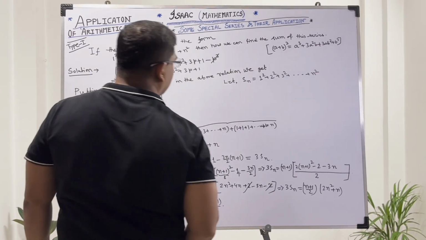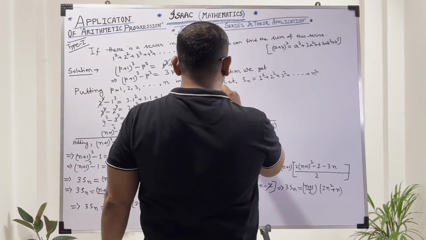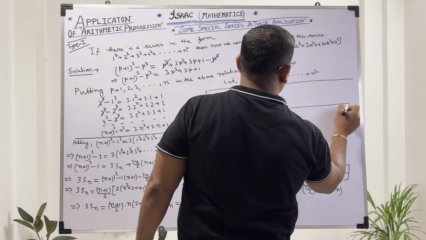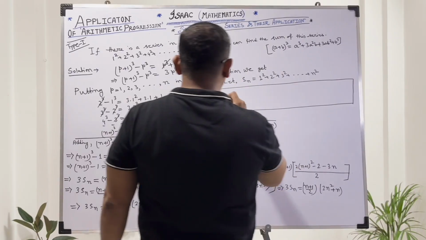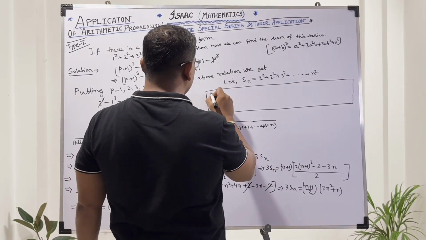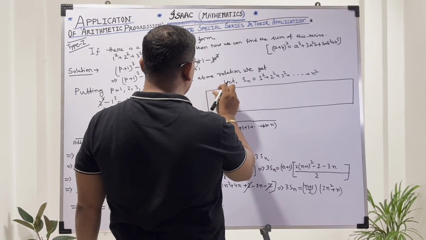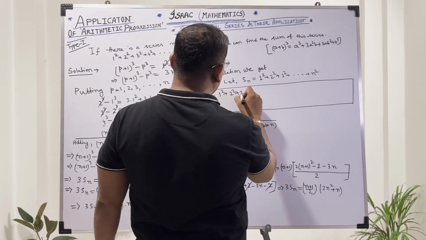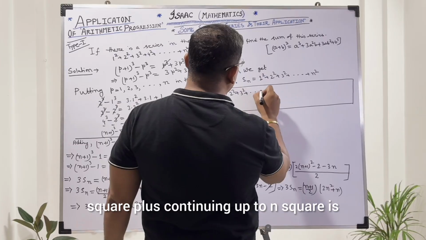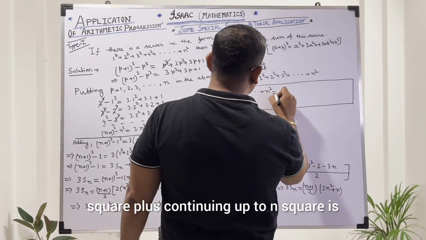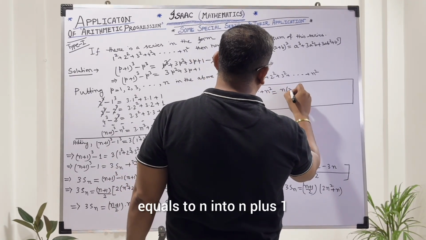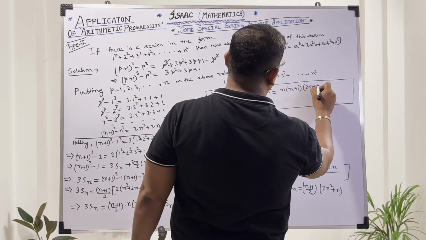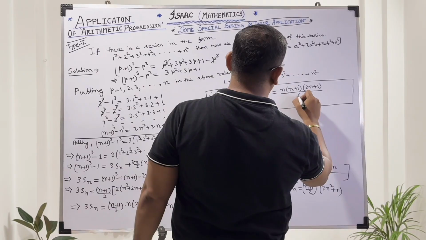Okay, so thus, last of all, we can write 1 square plus 2 square plus 3 square plus continuing up to n square is equal to n into (n plus 1) into (2n plus 1) whole divided by 6.